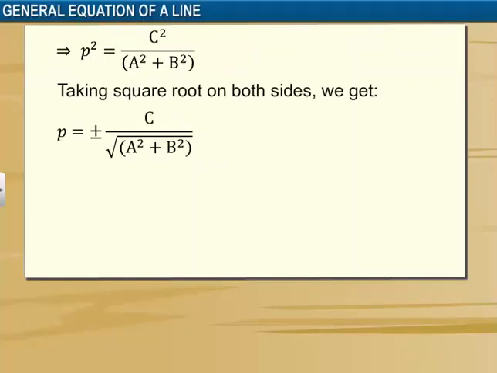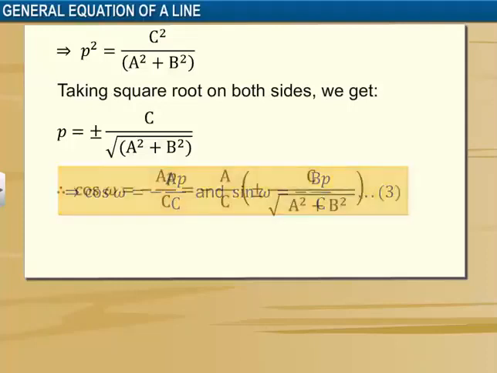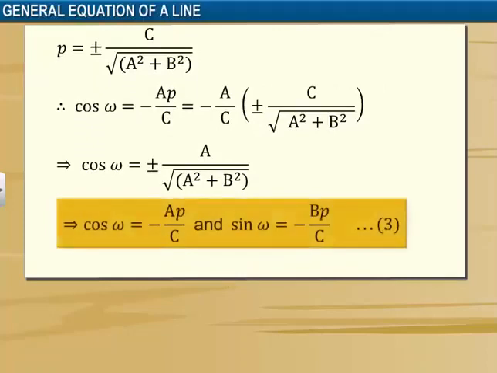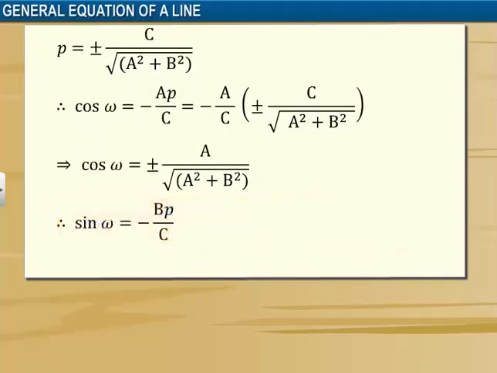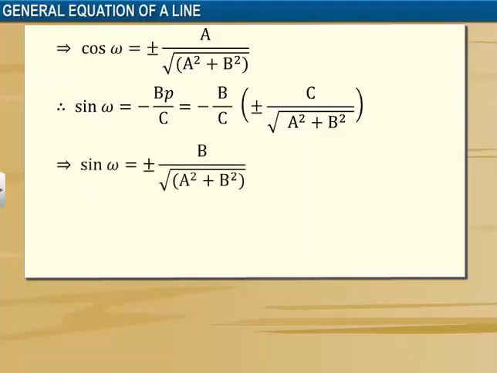Substituting the value of p in equation 3, we get cos omega is equal to plus or minus a upon under root a square plus b square, and sin omega as plus or minus b upon under root a square plus b square.